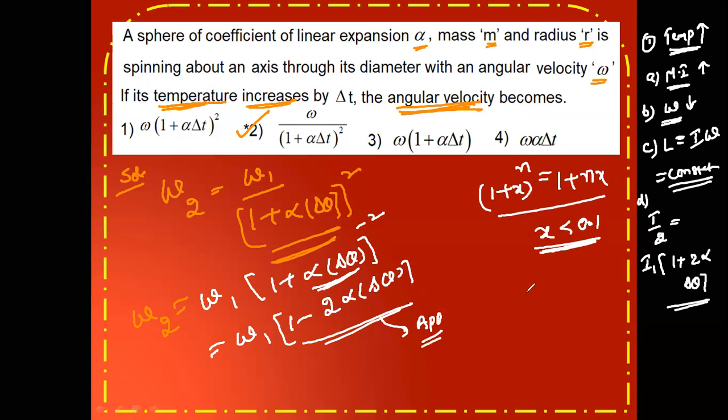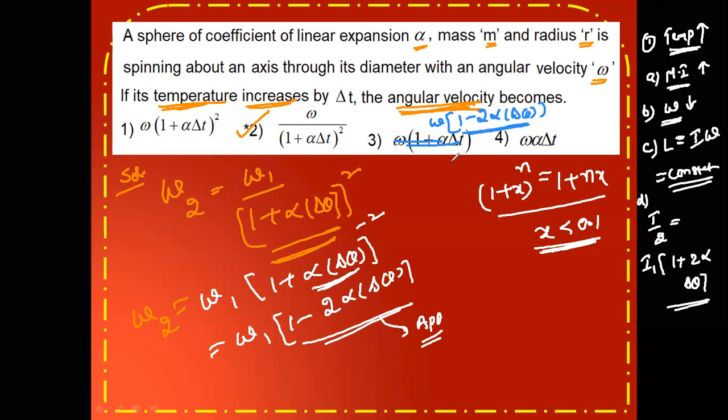Suppose in the options, instead of this option, if I put this option, omega into 1 minus 2 into alpha into delta theta, which option you have to choose? Can I say both the second and third options are correct?